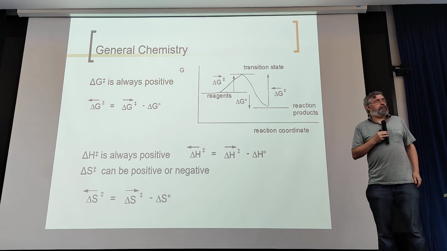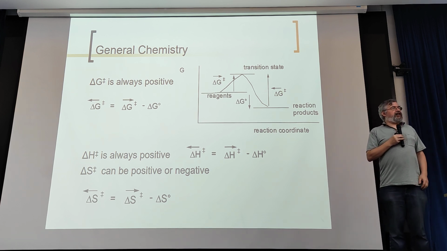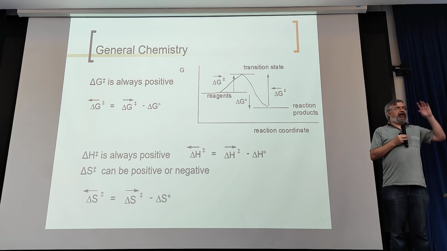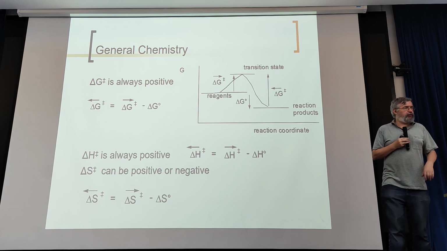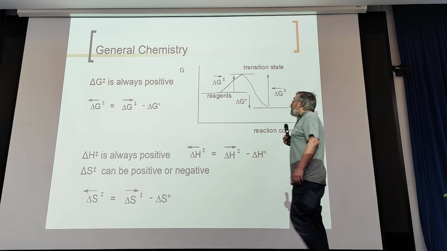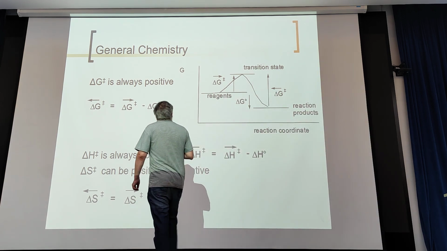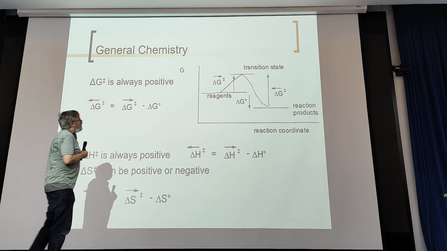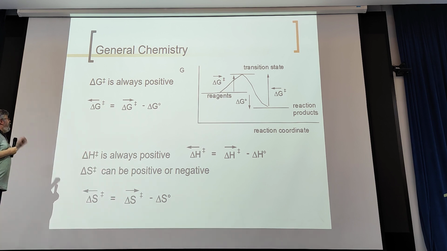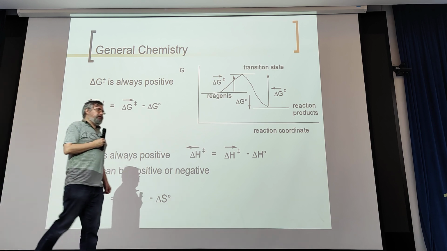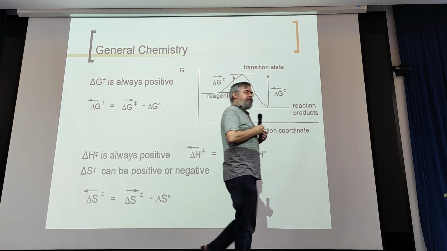So if we write the reaction profile, the transition state delta G is always higher than any of the products or reactants. This is always a positive number, so you have to go over a maximum. We can look at reagents and products, and actually we can do our reaction in two different directions.